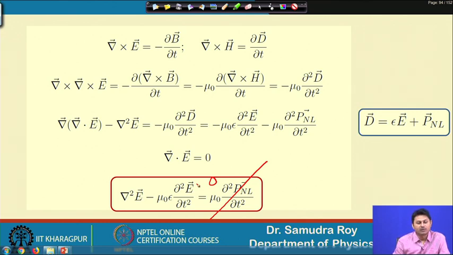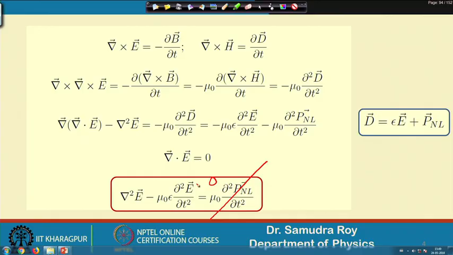We have already done this in our basic linear optics course. So, now instead of having a 0 term, what we have is a source term. This P nonlinear term is basically a source term of the electric field.